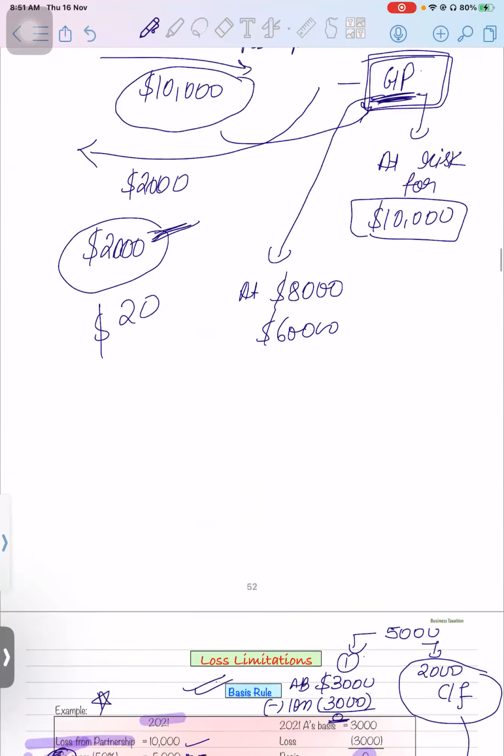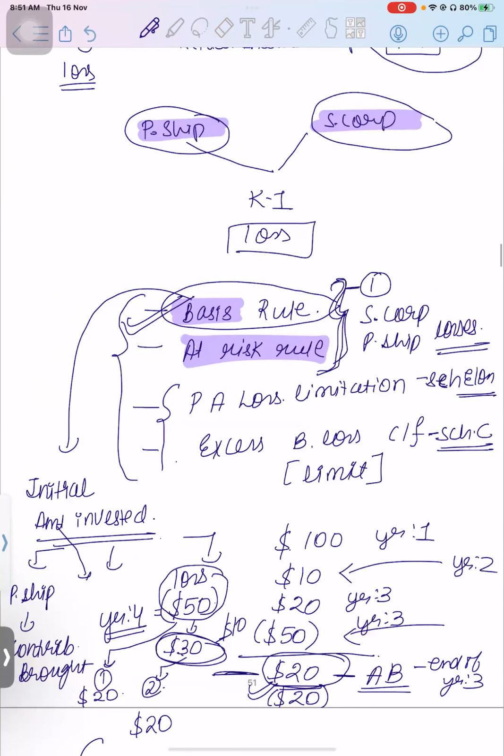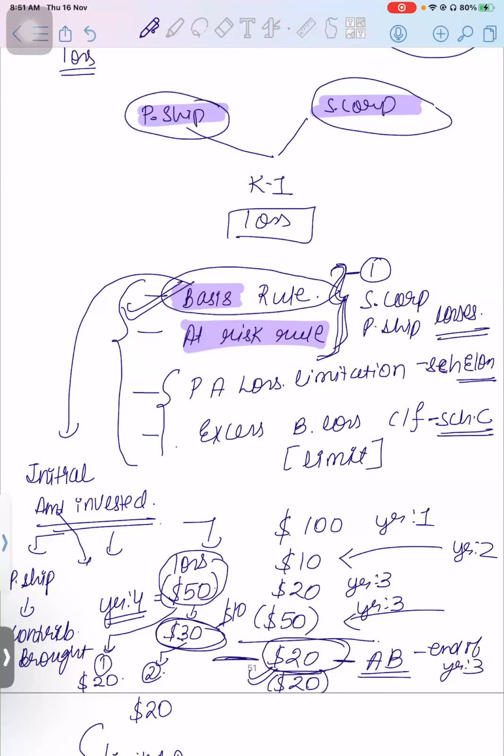Quick question: is it okay to say that the at-risk rule will only apply to the GPs? Yes, because they are the only ones at risk. Limited partners will not be at risk. At risk meaning is what? At risk means you will be personally liable. You are at risk. The word itself says that.